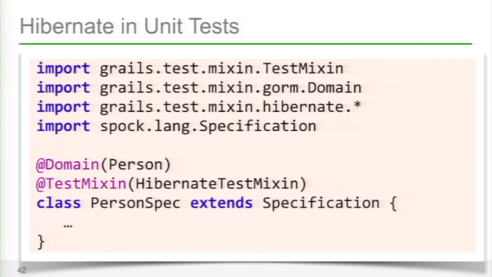And you can essentially open any unit test, specify a domain and mix in the HibernateTestMixin, and it will initialize Hibernate within your unit test. So this is quite handy because some folks don't want to go on to full integration testing just to test some SQL queries or test some interaction specific to Hibernate.